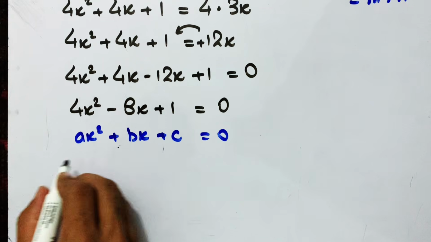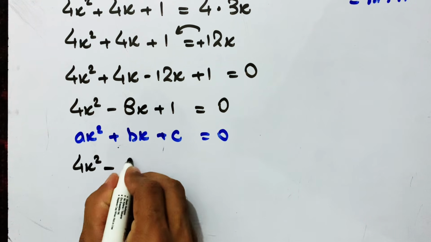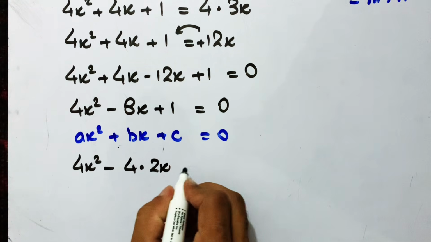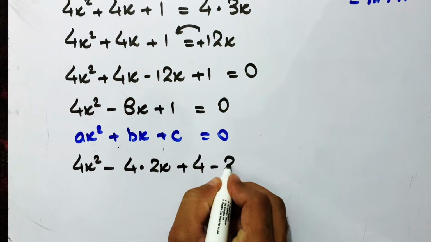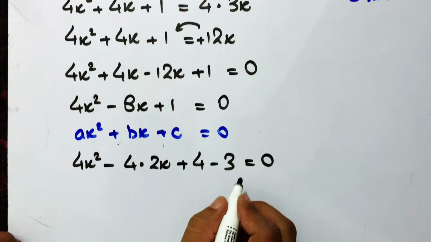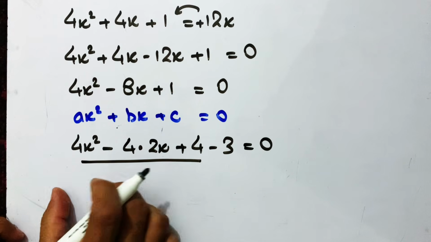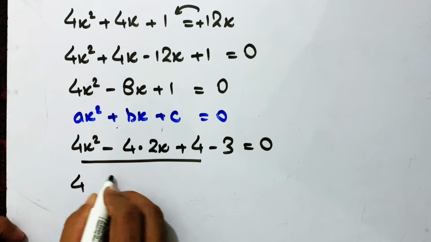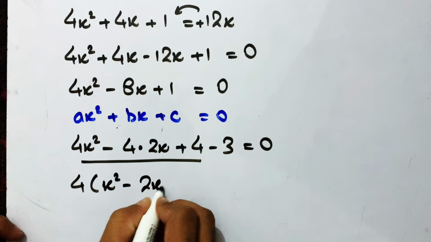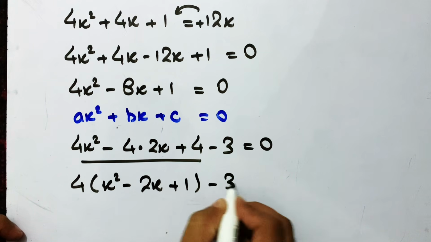So our equation is 4x square, and I write 8x as 4 times 2x, and 1 as plus 4 minus 3, equals 0. From these three terms I take 4 common. The result is x square minus 2x plus 1 minus 3 equals 0.